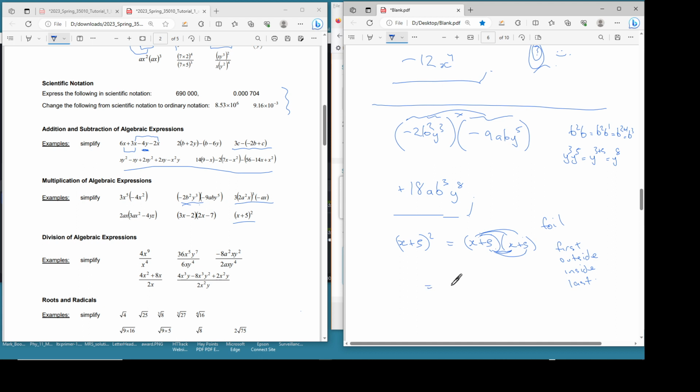Okay, so first, x squared, x times 5 is 5x, 5 times x is 5x, 5 5s are 25. Okay, so we get x squared, please. 5x, 5 apples plus 5 apples is 10 apples, plus 25. So we'll come back and do some more on that, okay?